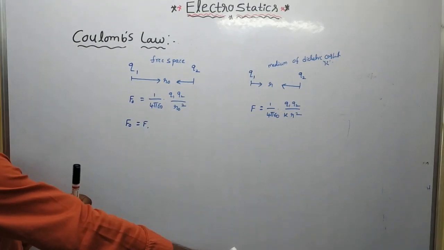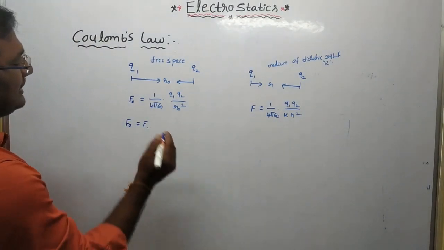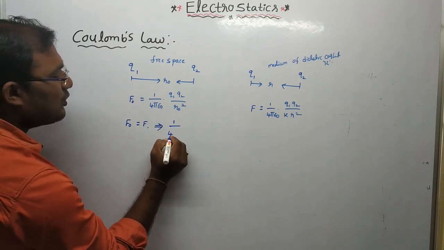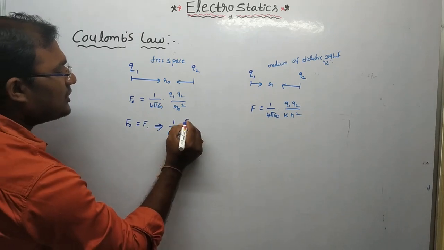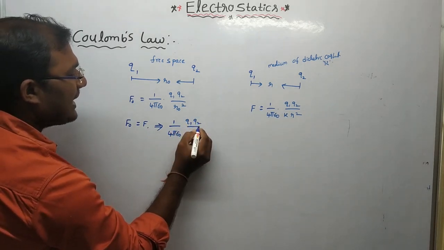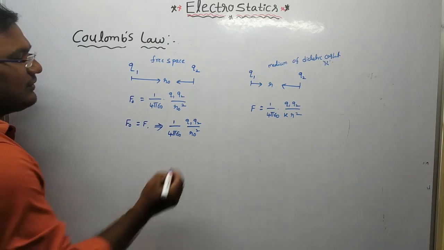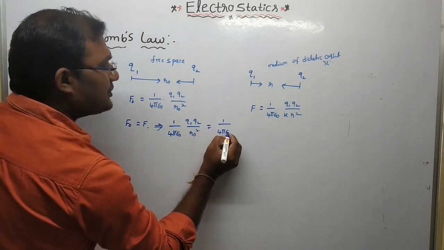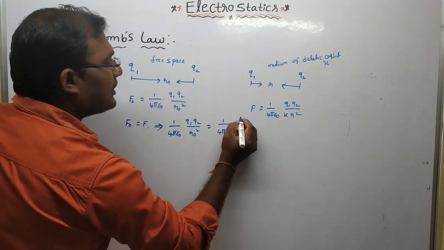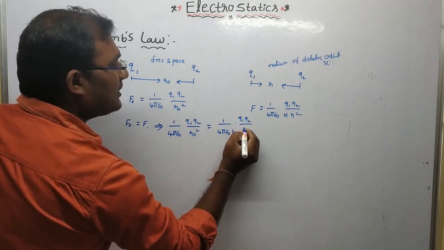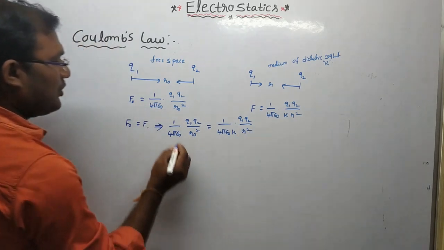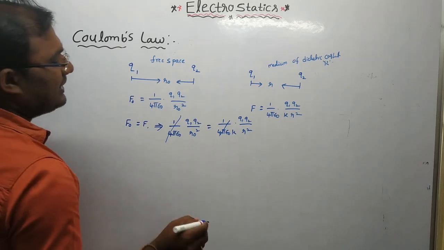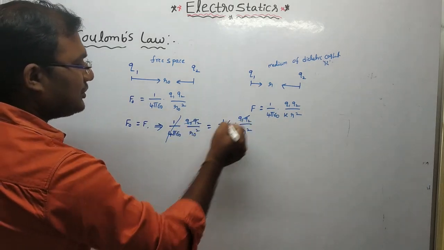That means F0 equal to F. Let us derive the condition. Here F0 equal to 1 by 4 pi epsilon naught Q1 Q2 by R0 square equal to 1 by 4 pi epsilon naught K Q1 Q2 by R square. The 1 by 4 pi epsilon naught cancel together, and Q1 Q2 cancel.